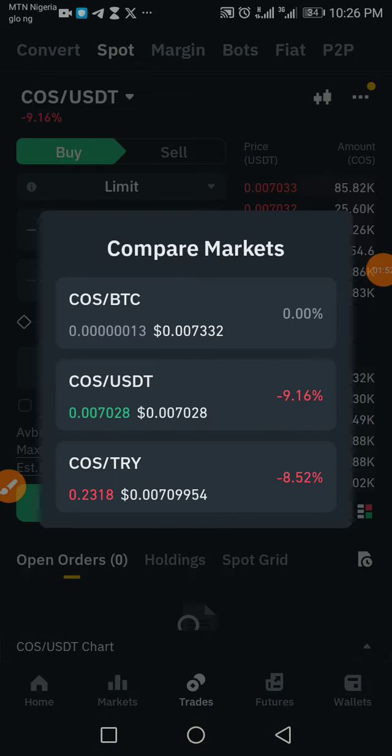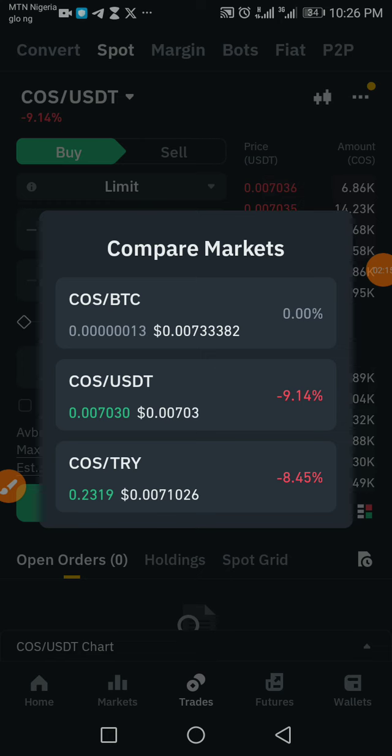After clicking, it's gonna appear like this, and if you can look at these numbers right here, COS to BTC costs 0.00733382 and COS to USDT costs 0.00703. Can you see the difference?